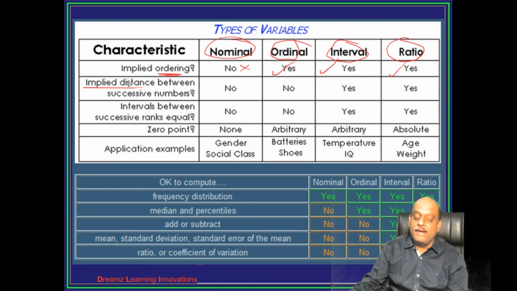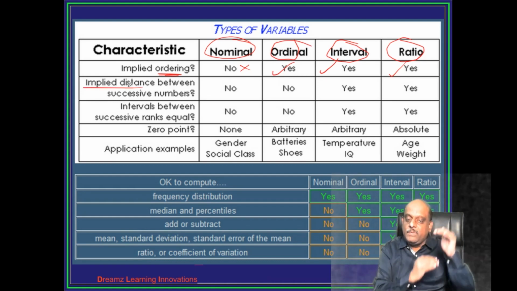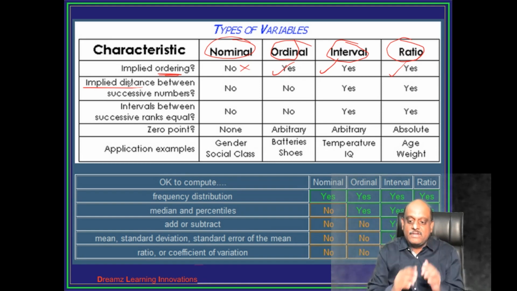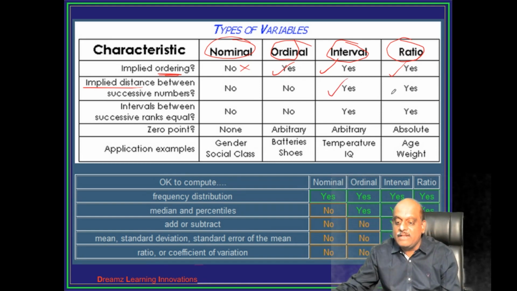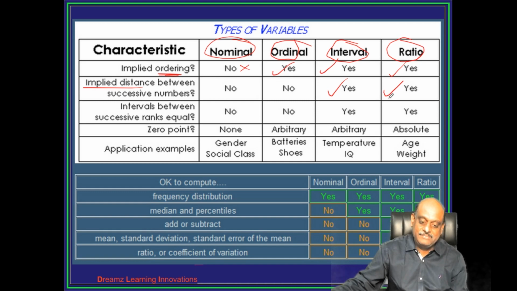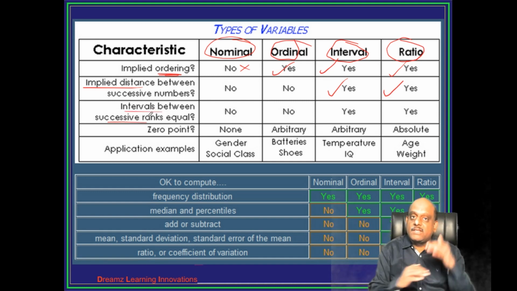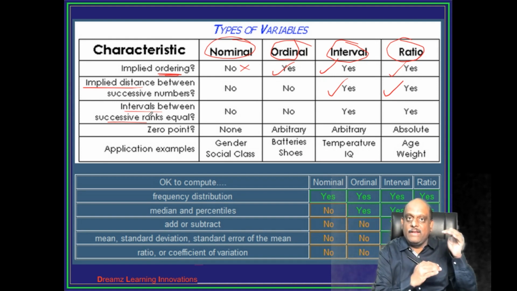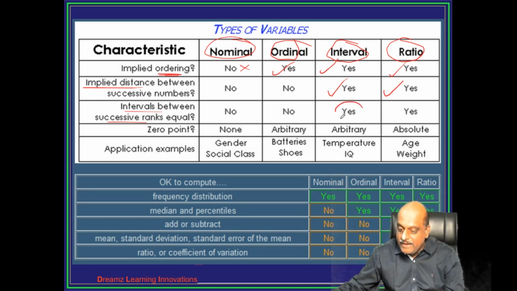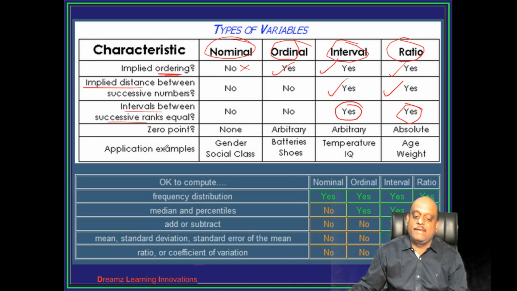Now, is there any distance between successive numbers, intervals? They are there in interval scale and ratio scale. Then, are the intervals between successive ranks equal? Yes sir, that is only there in interval scale and ratio scale.